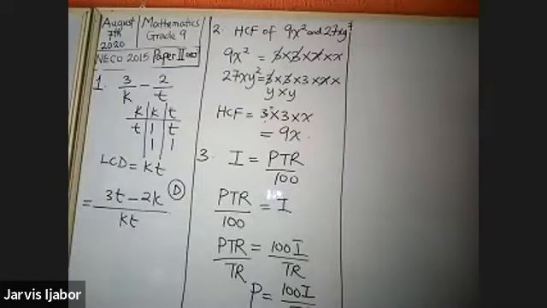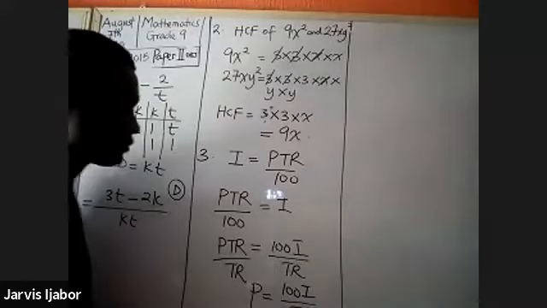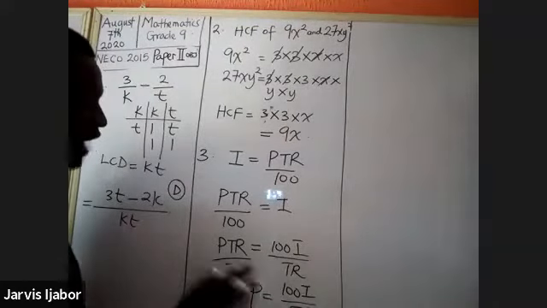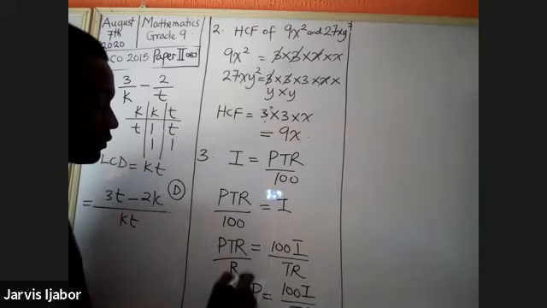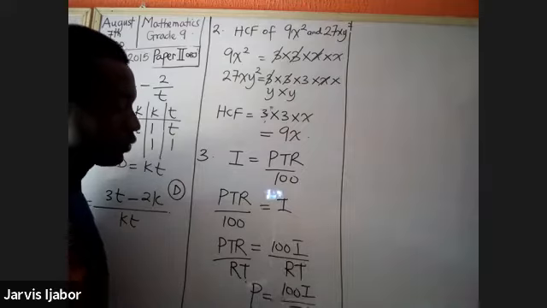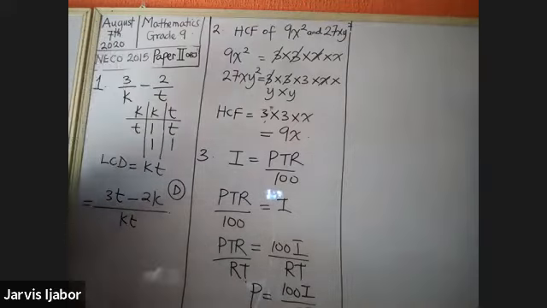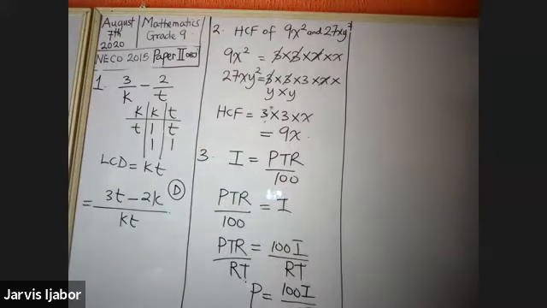So you check your options and see which of the options matches. Now, notice that they are using R and T. It's the same thing. So maybe I should go with RT for purpose of consistency, following the letters of the English alphabet. So that is 100I over RT.